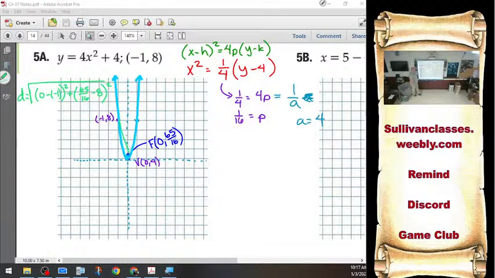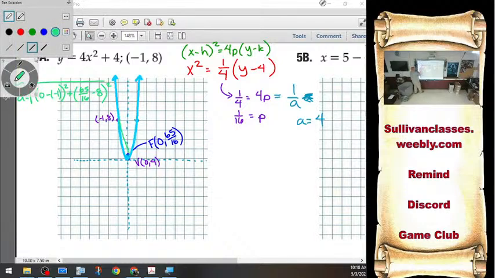Well, 8 in terms of 16 is 128, 65 minus 128 is -63/16. Right?